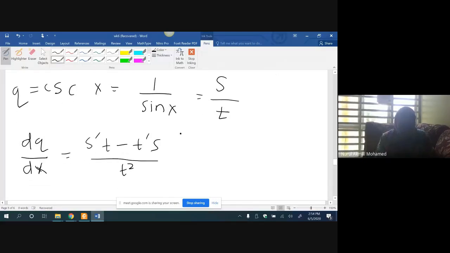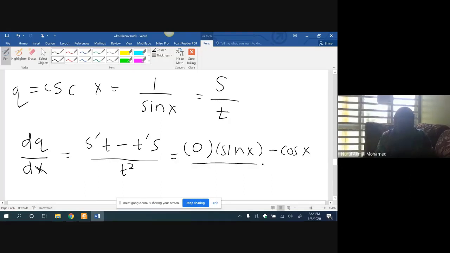So you differentiate S with respect to X, you get 0, because you differentiate a constant. Then you multiply with T, which is sine X, minus T prime. T prime is you differentiate sine X with respect to X, and you get cos X. And you copy S, which is equal to 1.